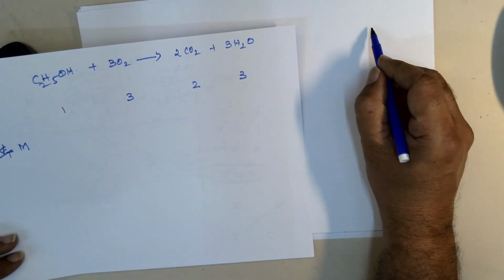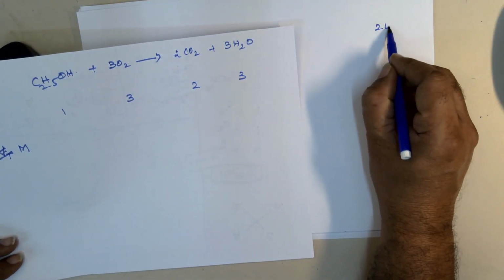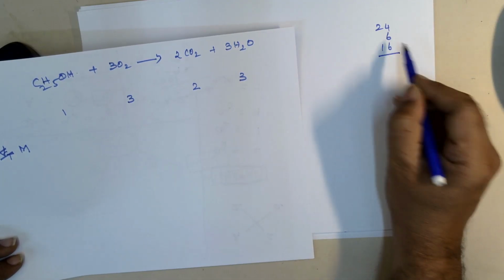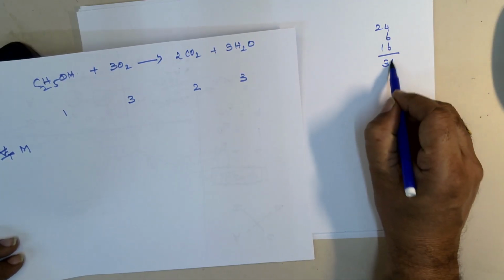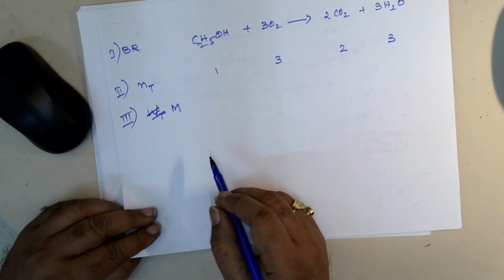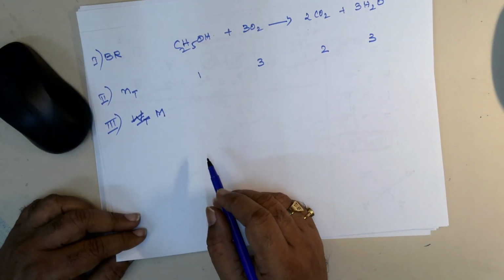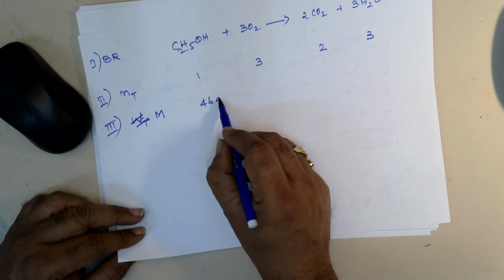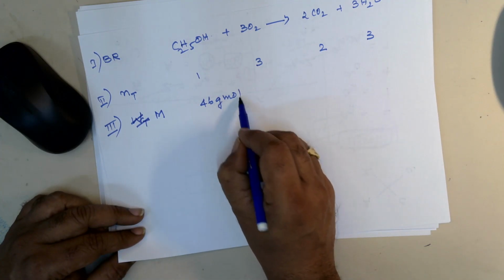Carbon 2, 24, hydrogen 6, oxygen 16. So 36, or 46? 46, right? So you can put 46 gram per mole. What about this?